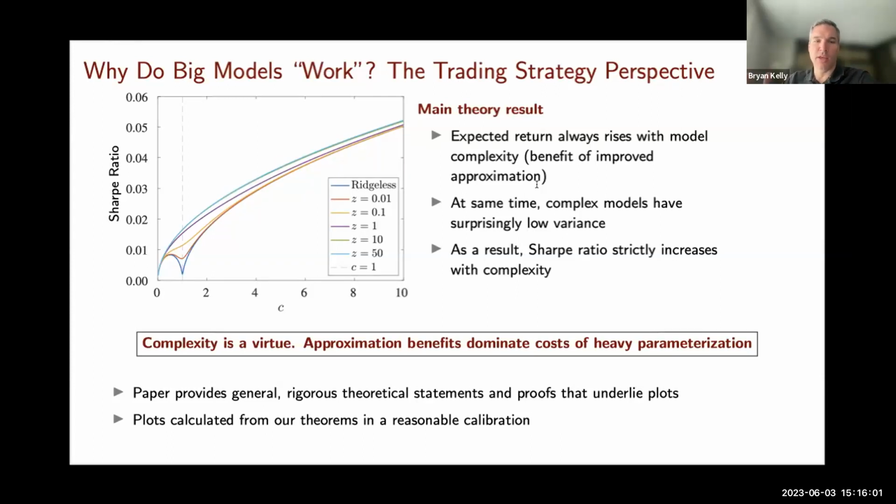But then you can think about the orthogonal aspects of the model. After you take into account your priors or your specification, there will be some parts of your model that you don't have a view on. And that's where the virtue of complexity is going to apply directly. So if you want to fold these together, you can. It's going to require a more sophisticated setup, but the conceptual point doesn't change.